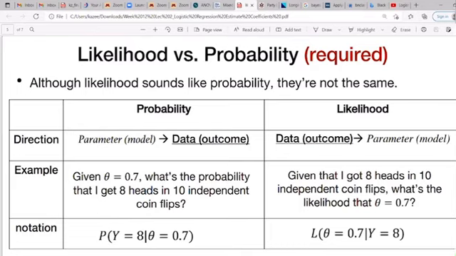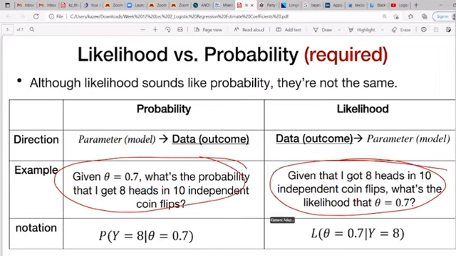Okay, look at the way likelihood is going to frame the same question. Likelihood is going to say, given that I got 8 heads in 10 independent coin flips, what is the likelihood that theta equals 0.7? And I want to tell you this and this are not the same. I just wanted to show the direction, to see the difference between probability and likelihood.